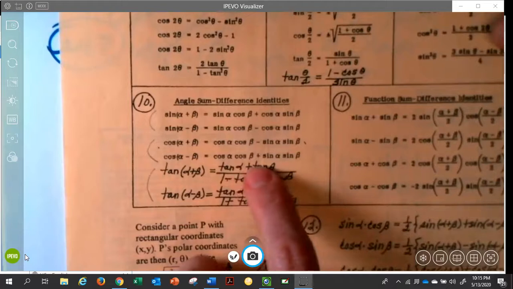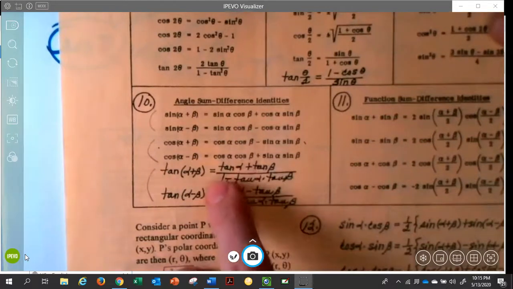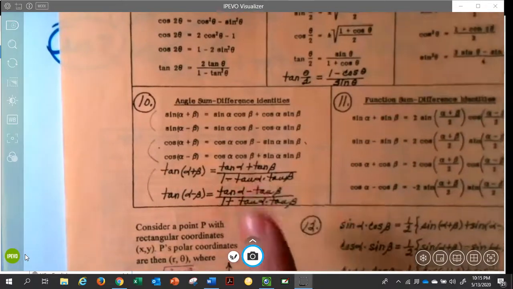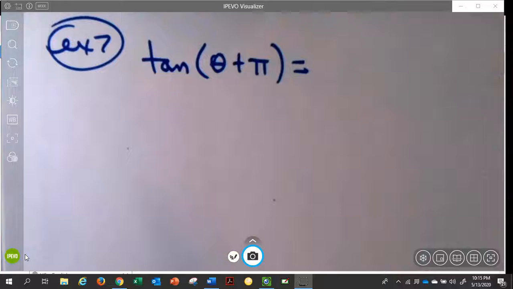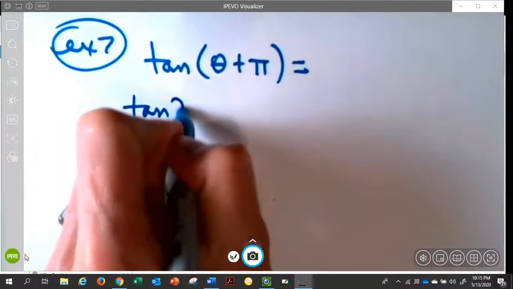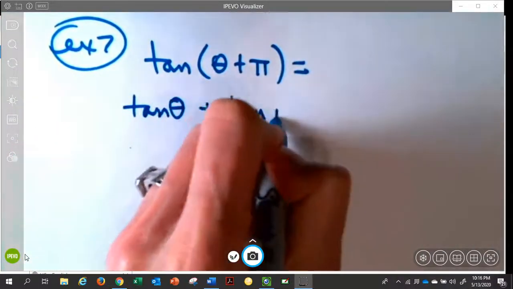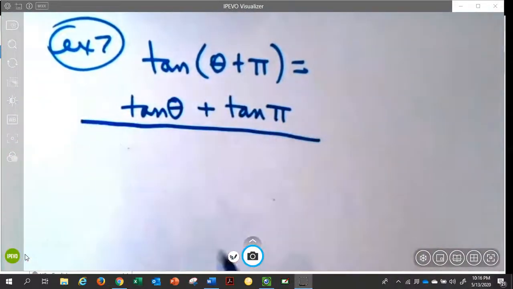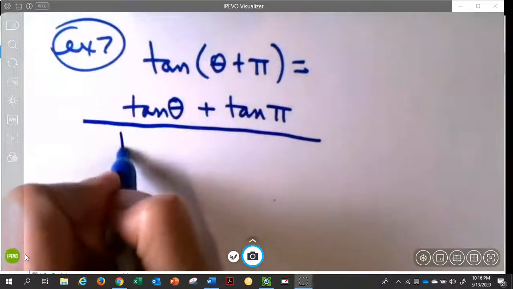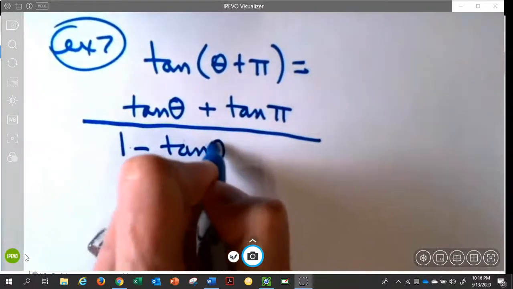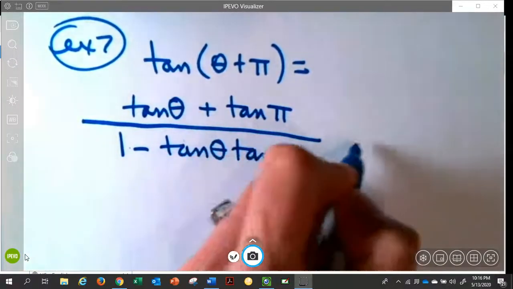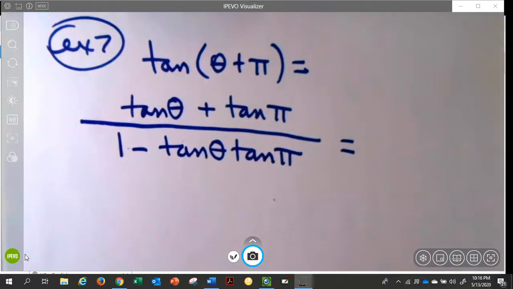So if it's the plus, we will actually add the 2 in the top, and then in the bottom, we'll do 1 minus the product. So we're going to take tangent of our theta plus tangent of our pi and add them in the numerator. In the denominator, we'll do the subtraction of tan theta, tan pi, and that's a place to start.